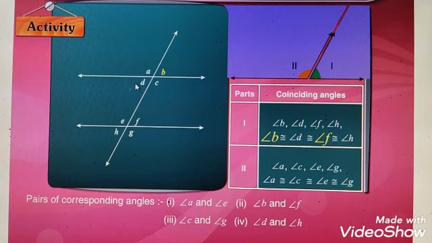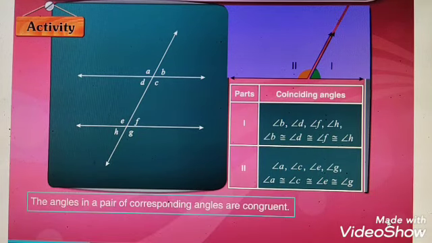Third, D and H will be corresponding angles, as I am skipping this angle E in between D and H. Therefore D and H will be corresponding angles and they will be congruent. Here C and G will be congruent. Here I am skipping this angle F. So C and G will be corresponding angles. Therefore the angles in a pair of corresponding angles are congruent.